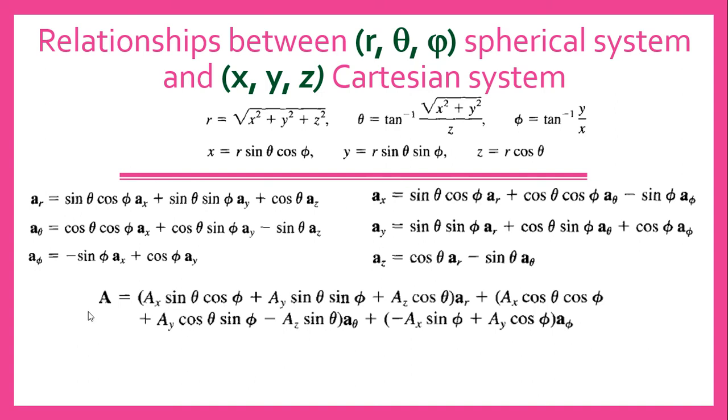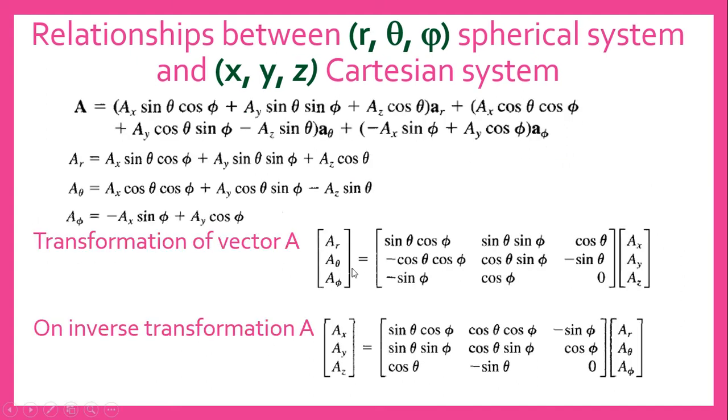So if you find the full vector A, just add the things. Take AR common here: sin theta cos phi has to be associated with the AX vector, sin theta sin phi with AY, and cos theta with AZ. Similarly, take the A theta common. You have three terms: cos theta cos phi, cos theta sin phi, and minus sin theta. Each should be associated with the corresponding components. Likewise, you do for A phi also. So you can easily transform.